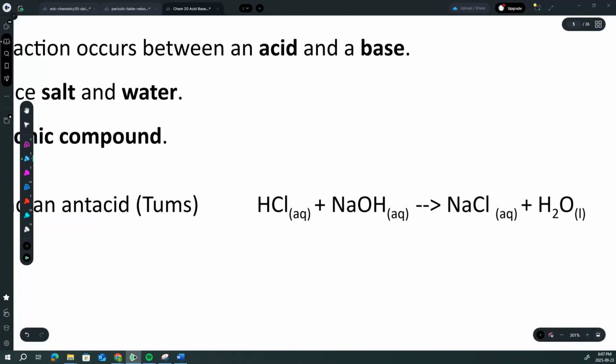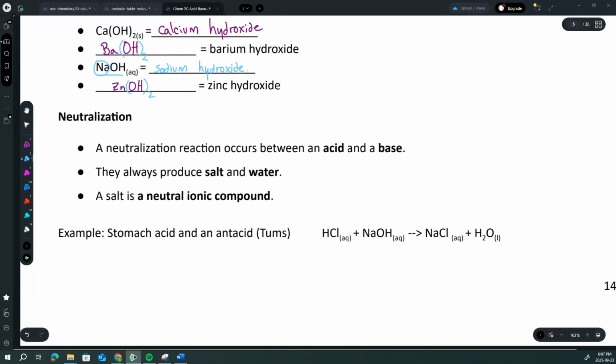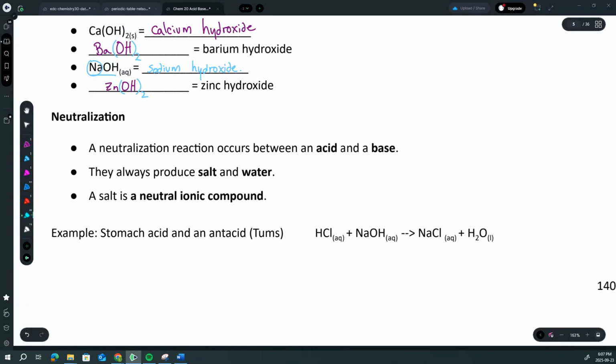So this is a specific double replacement reaction that is called a neutralization reaction. You should be aware that a neutralization reaction just occurs between an acid and a base, and it produces salt and water.